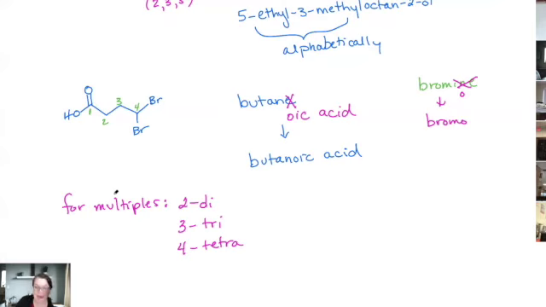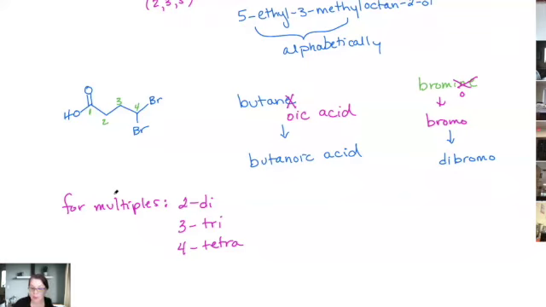All right. So we have 2 bromines. So we're going to say this is a di-bromo substituted compound. Okay. But we have to talk about where those bromines are. Where are the bromines? On carbon 4, right? Good.